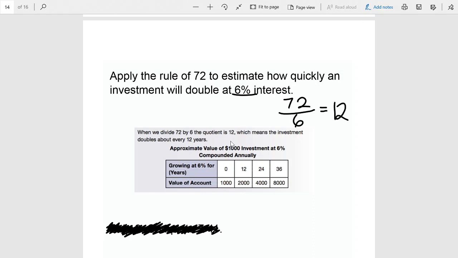And if we are talking about years, it will take 12 years for that investment to double. So if I started with $1,000 right here at 0 years, by 12 years at that 6% growth, I would have $2,000. By another 12 years, it will double from there, so $4,000, and it will double again by the time we get to 36 years. So every 12 years, I take that amount and double it.